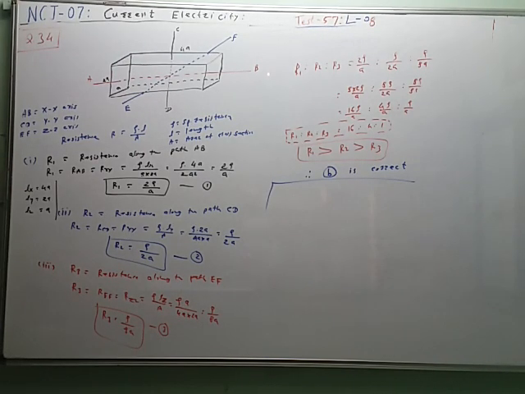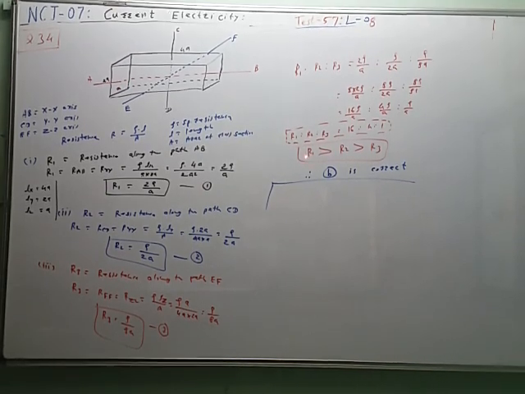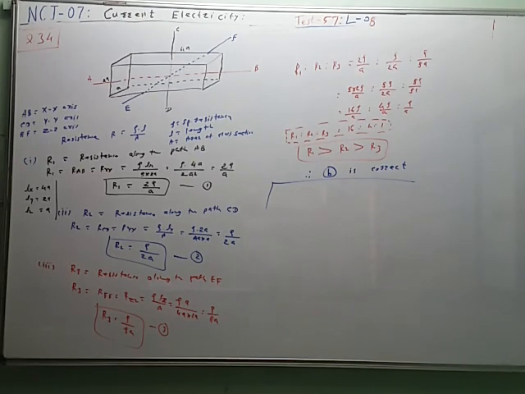So along the path AB, the length is highest and the area of cross section is minimum. Therefore, R1 will be highest. Logically you can give the answer, but if we have to compare the ratio like this, then you have to calculate every resistance along the path AB, CD and EF. That's why I have calculated the values like this.